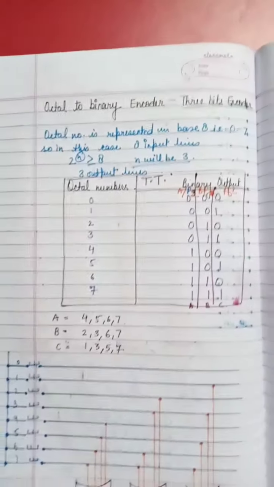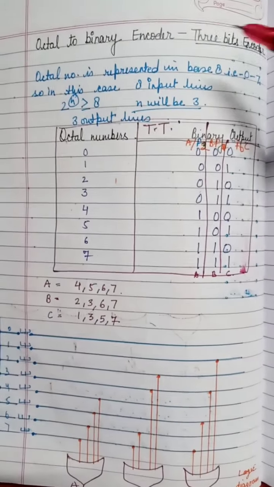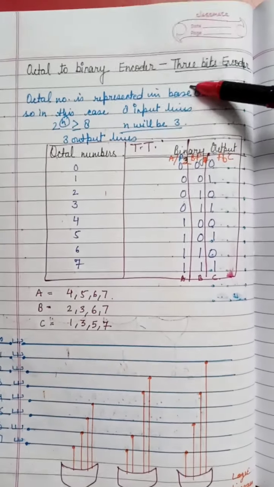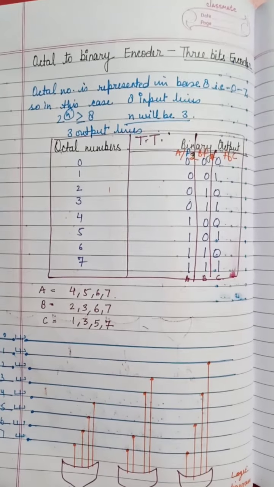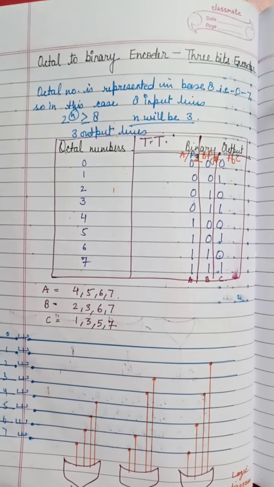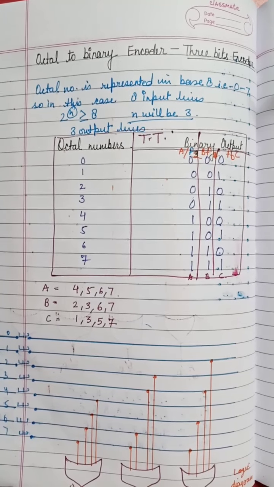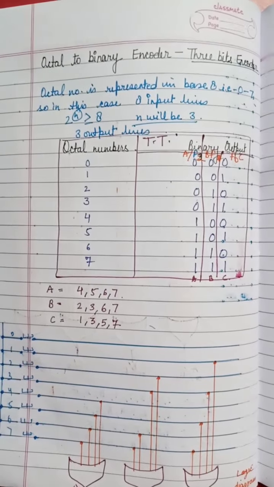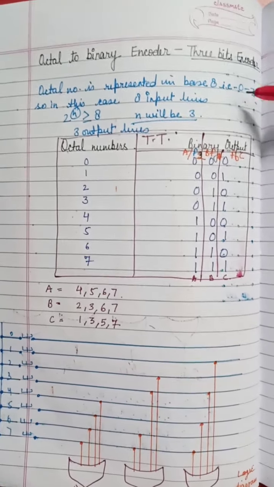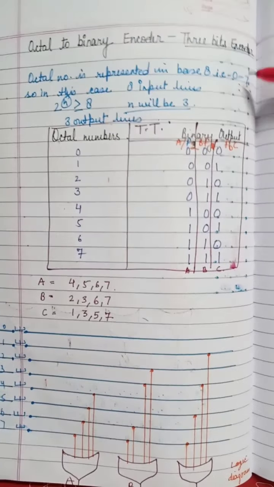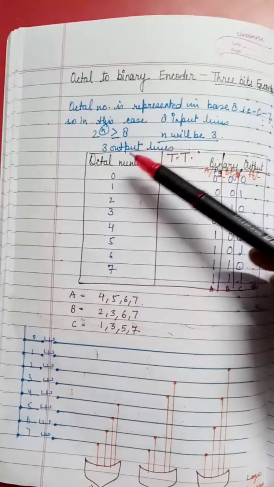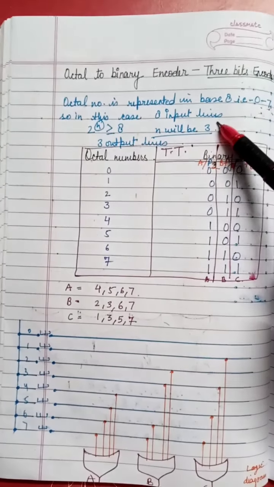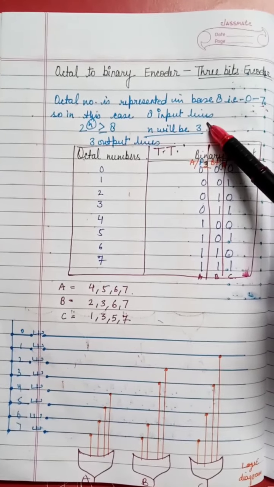Okay. Now the octal to binary encoder. It's a 3-bit encoder. Octal numbers are represented from 0 to 7 and the base is 8. Okay, from 0 to 7, so total numbers are 8. Now to satisfy this condition, the value of n should be 3, not 4 in this case.